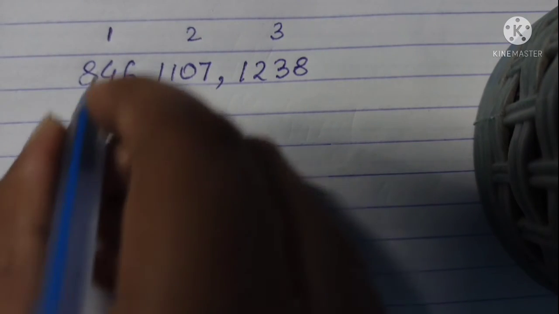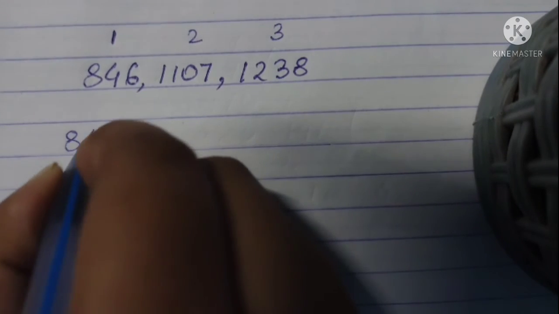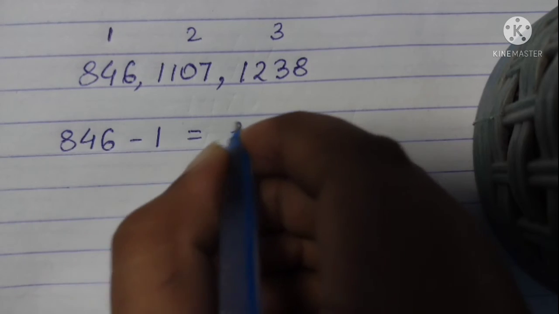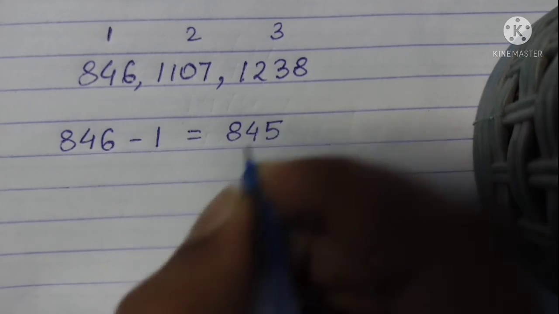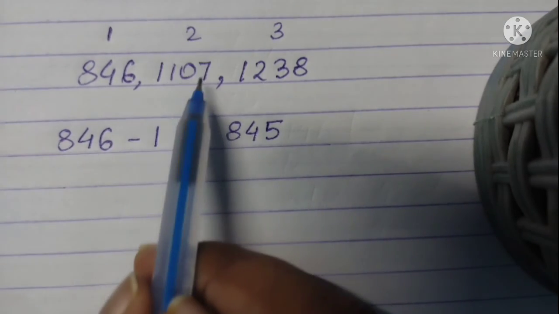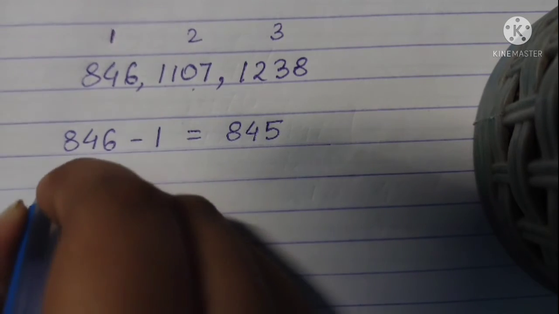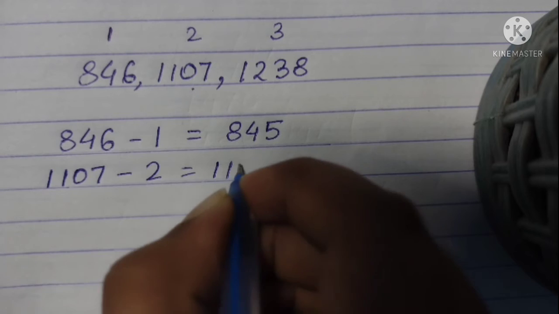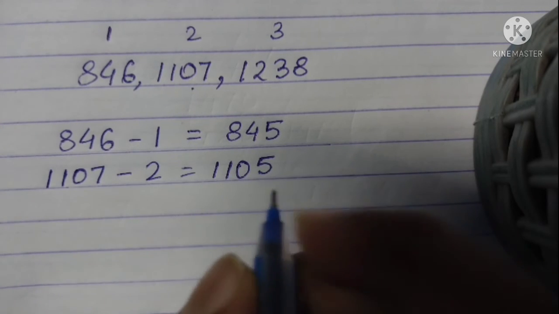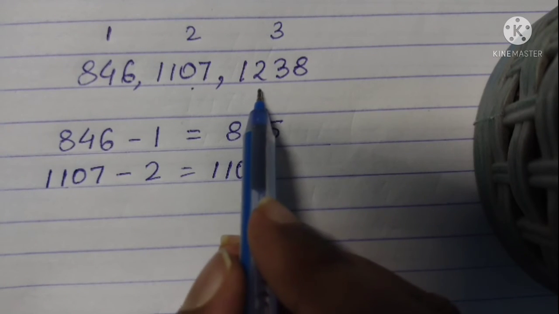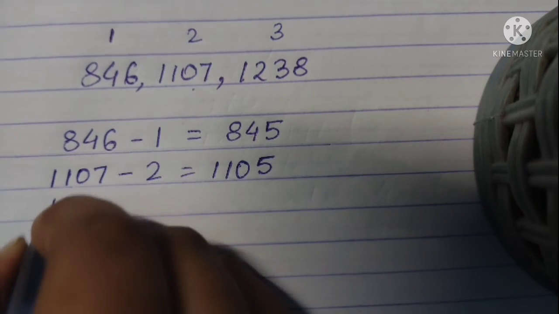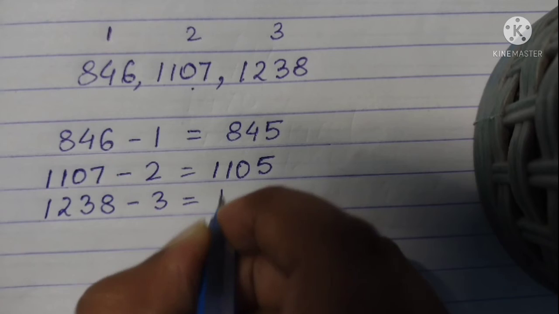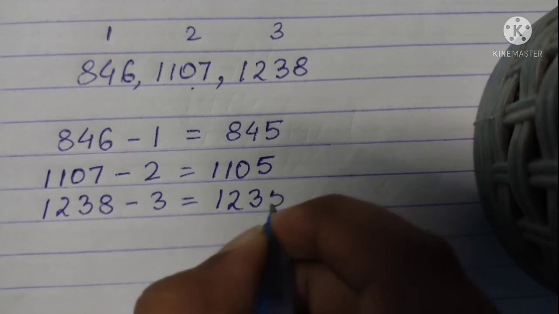So we will subtract 1 from 846, so 845 is the difference. Now we will subtract 2 from 1107, 1105 is the difference. Now we will subtract 3 from 1238, and the difference is 1235.